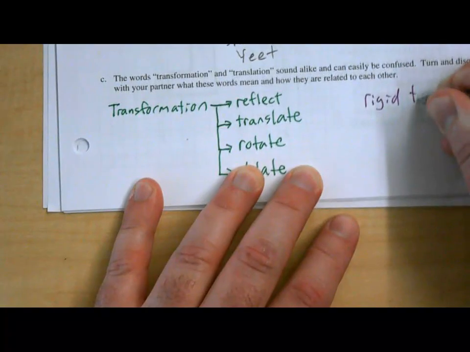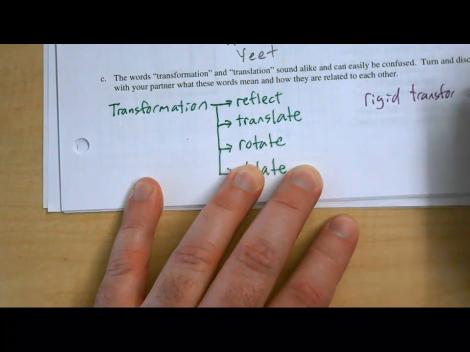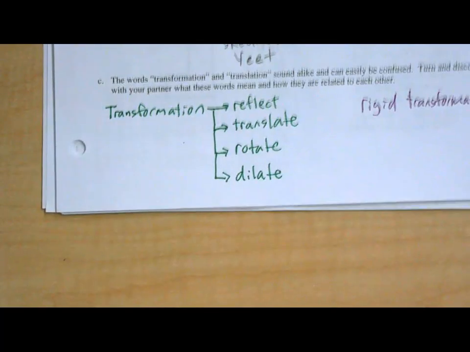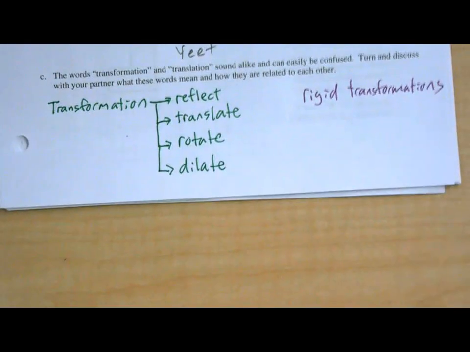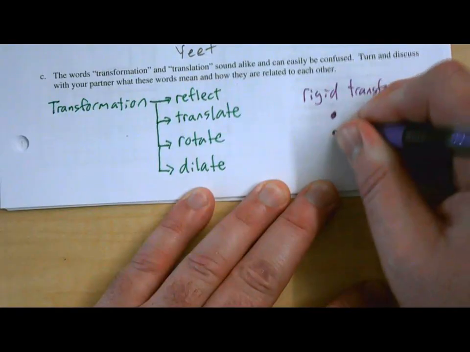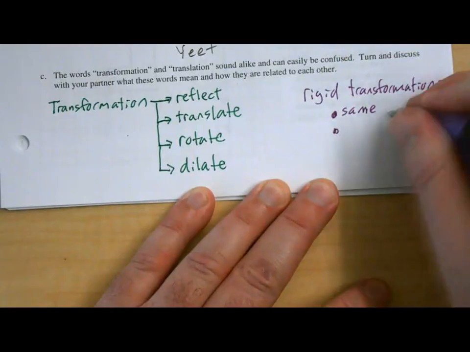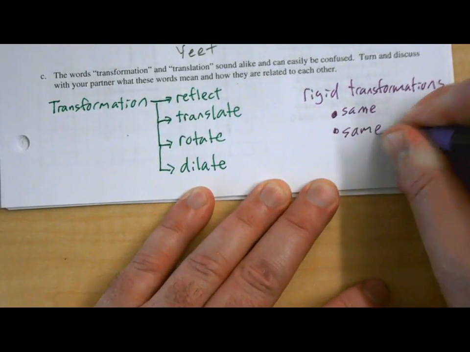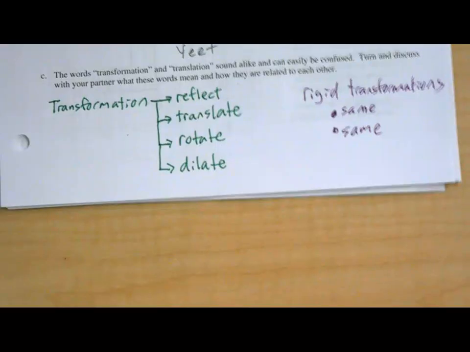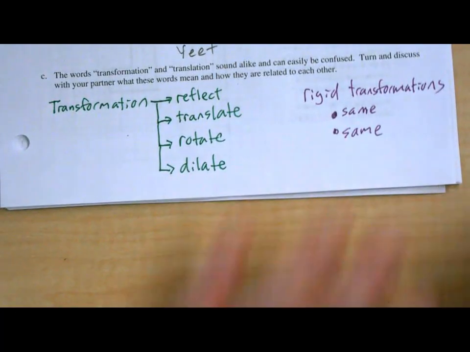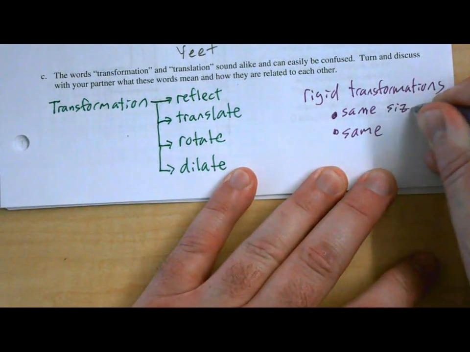Rigid transformation. Remember, this is one of our key learning targets for today, is for you to know the 2 things that make rigid transformations special. And those 2 things are same something and same something. If something is a rigid transformation, it's going to keep the same size and the same shape. Same size and same shape.